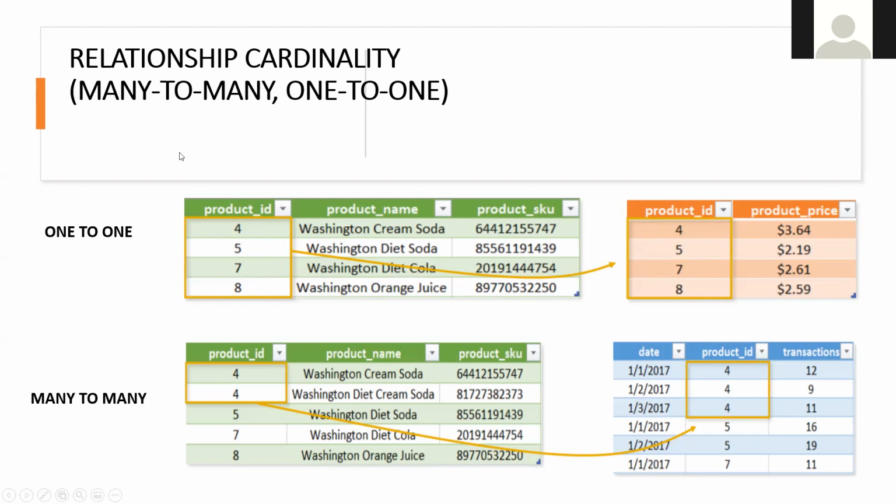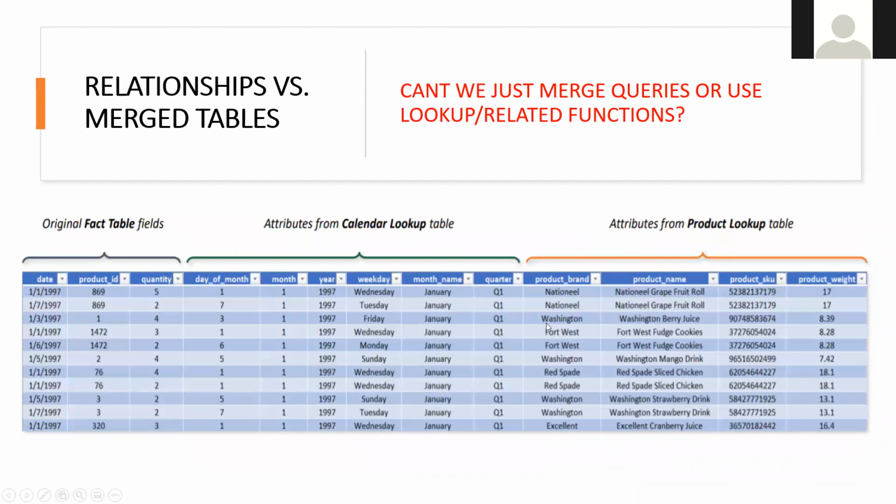Just join the tables in this case. Because if you join the tables, you are still going to have unique values, isn't it? You won't have Washington cream soda appearing two times, like we had in this one. When we merged the tables together earlier, we were having duplicate values. That's why we did not recommend doing that kind of thing, because it creates data redundancy.